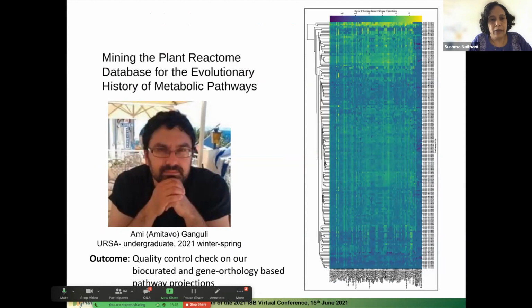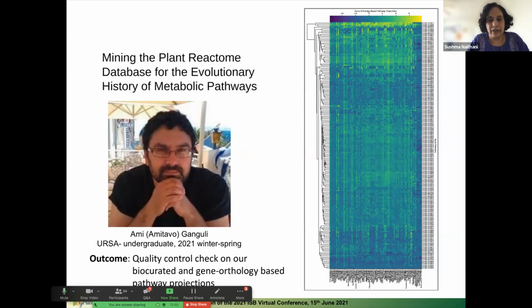So a little bit about Plant Reactome. Plant Reactome is a plant pathway database of the Gramene project. We use rice as a reference species for curation, and then we use gene orthology based projection to another 106 species. We have done this curation now for about a decade, and he wrote a lot of scripts that were used for quality control and checking the consistency of the biocuration.